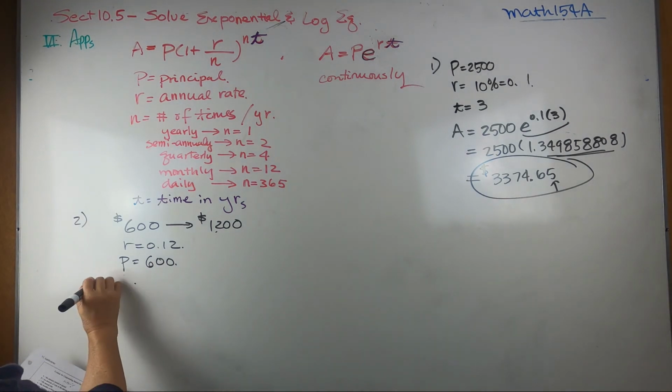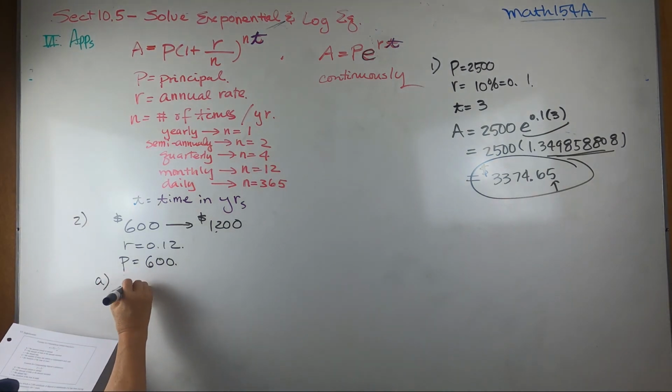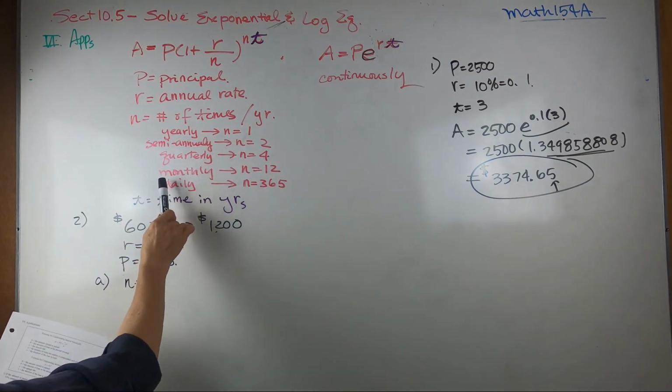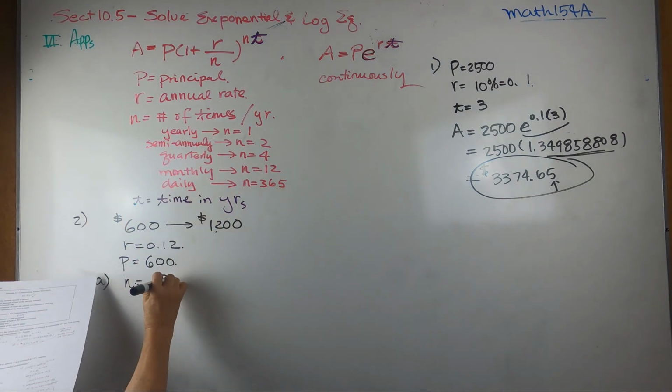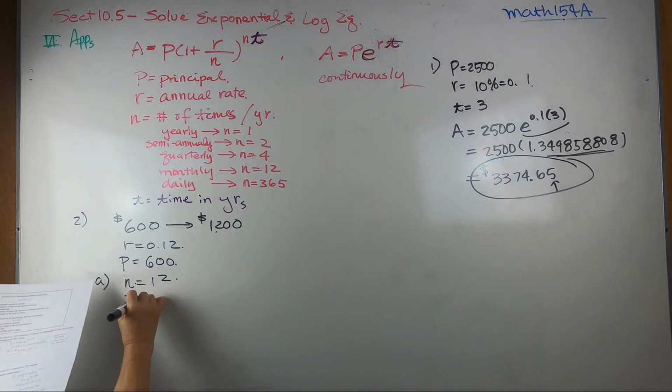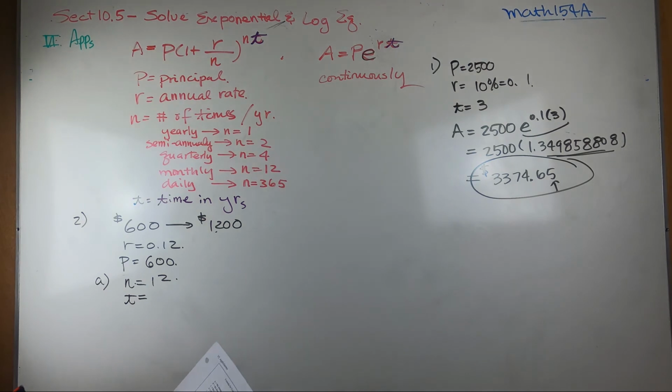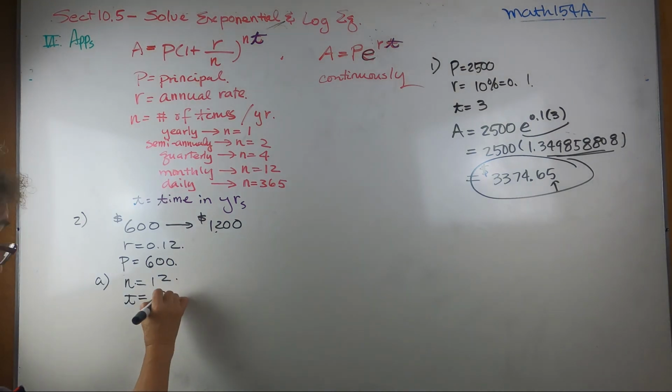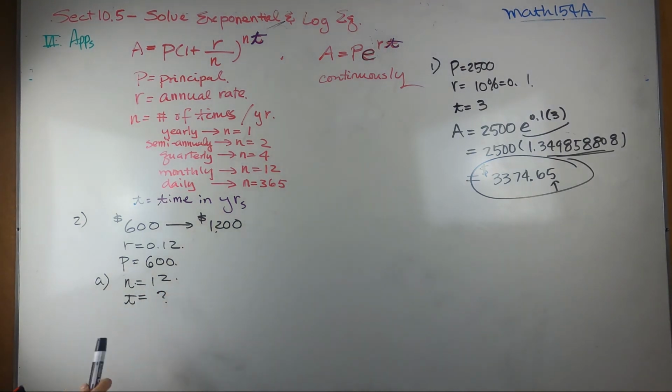If compounded monthly, that means your N is what? Monthly, 12 times, right? Then do we know the T? It asks you how long it would take to double it. So we don't know the time. We need to find our time, right?